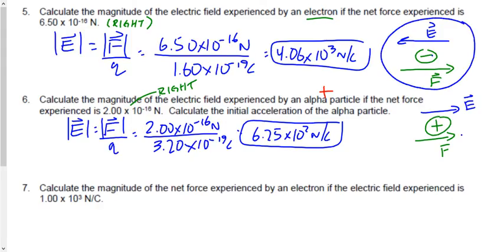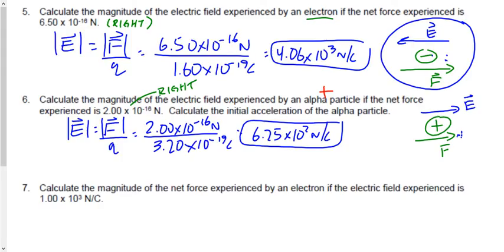Why is the field to the right here? Why is the field opposite to the force in this question versus with the force in this question? Yep. Good, because an alpha particle is positive. The field and the force are in the same direction if it's a positive particle. Field and force are opposite if it's a negative particle. Right? Right, Owen? Good.